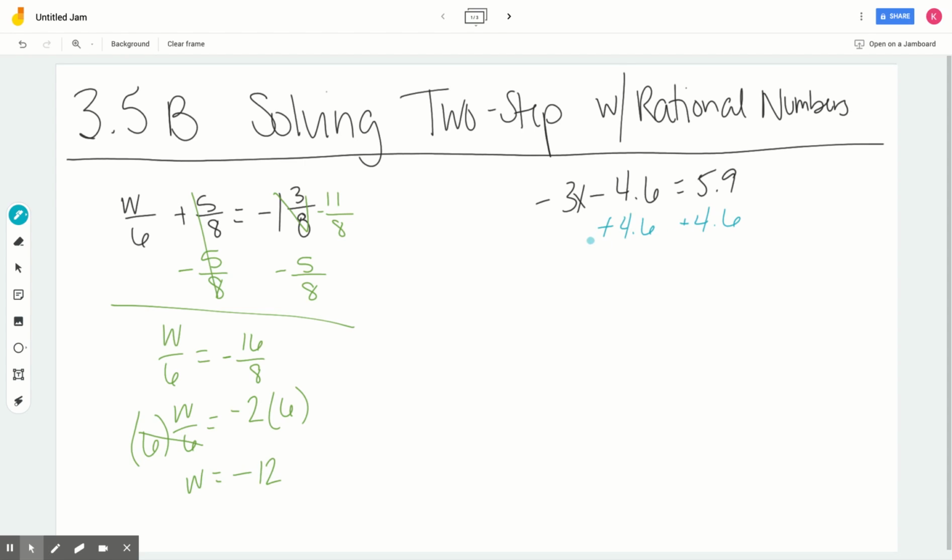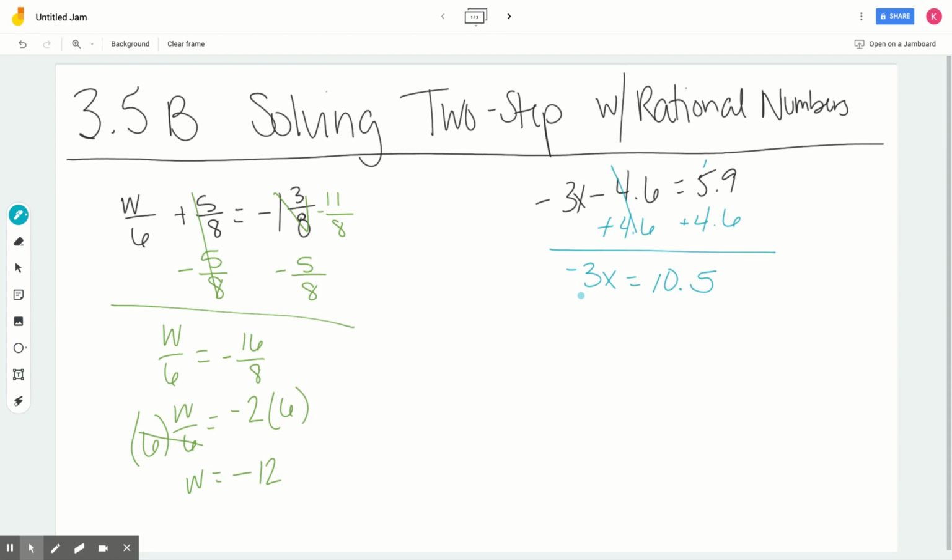When we do this, we need to make sure that we're lining up those decimal points. So the same sign, so we have to add: 9 and 6 is 15, carry a 1. 1 and 5 is 6, and 4 is 10. We bring that decimal point down. So we have negative 3x equals 10.5.